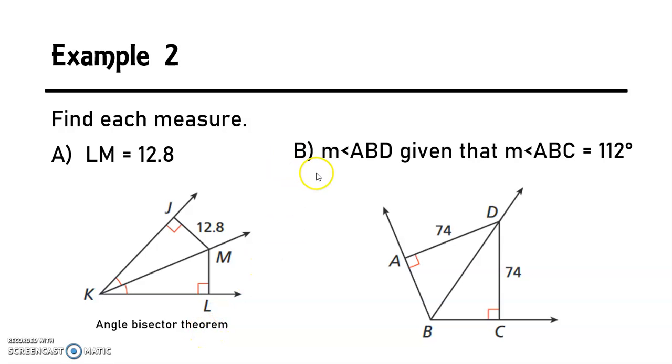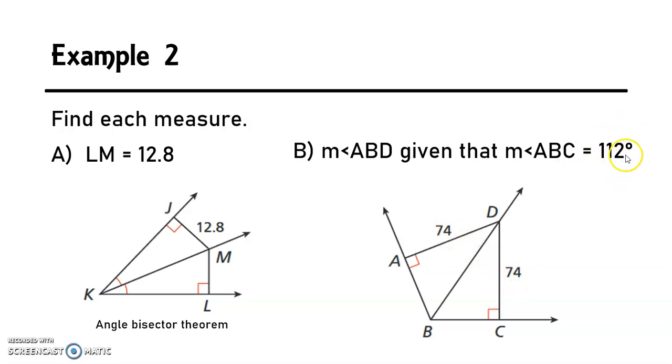Now in part B, they want us to find ABD. That's the angle ABD. And they've told us that AD is 74, DC is 74, and the big angle, ABC, is 112. So this is actually the converse of the angle bisector theorem, because they didn't tell us the angle was bisected, but we know that it is because these two parts are equal.